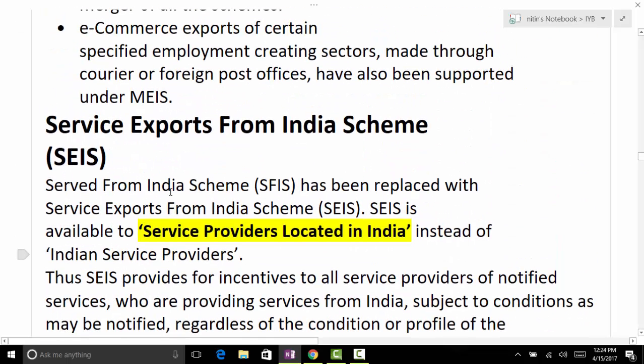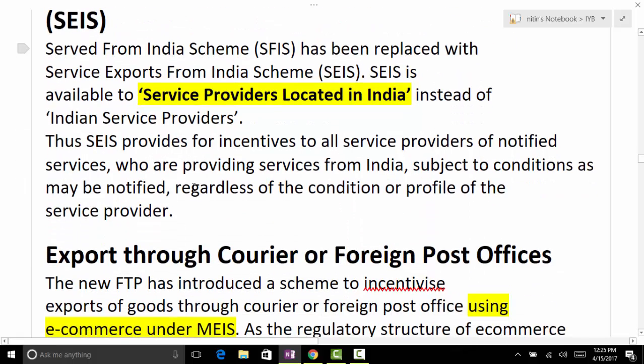So understand these two schemes, because these are major schemes when you discuss foreign trade policy. When you write about FTP, a very prominent, expected question can come in the coming mains exam. They can also ask it in PT in different ways. Foreign trade policy.